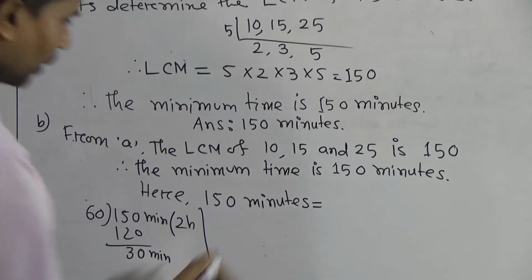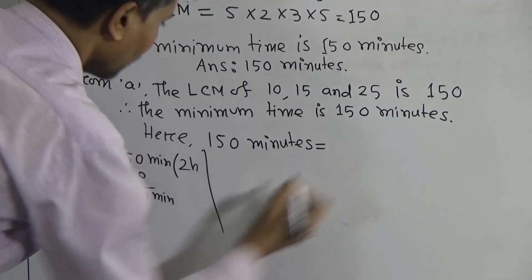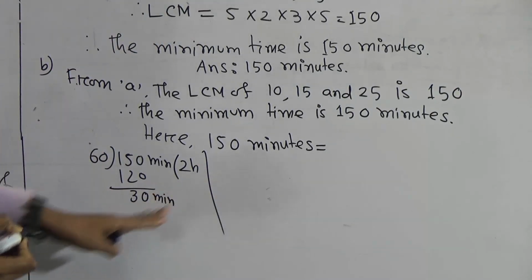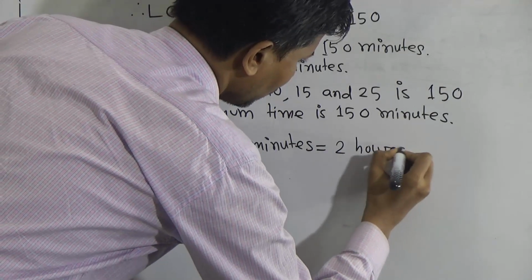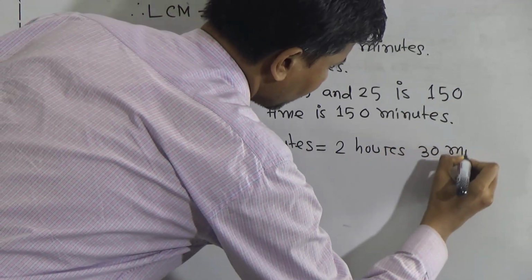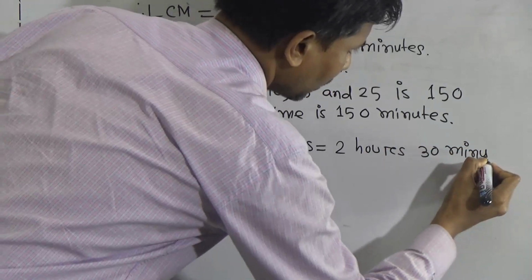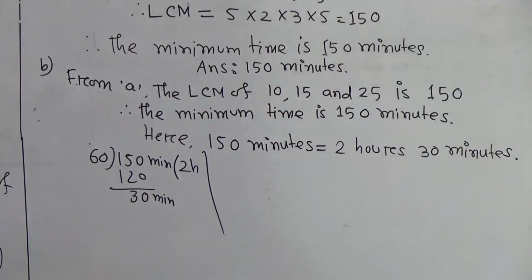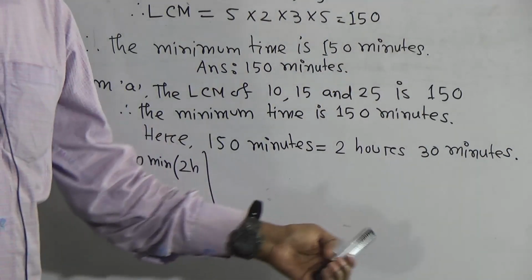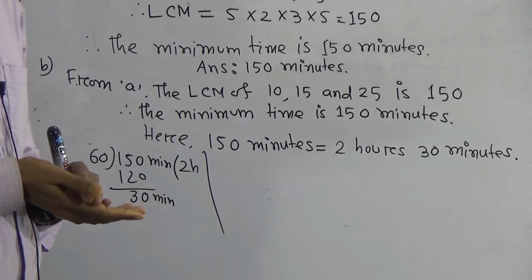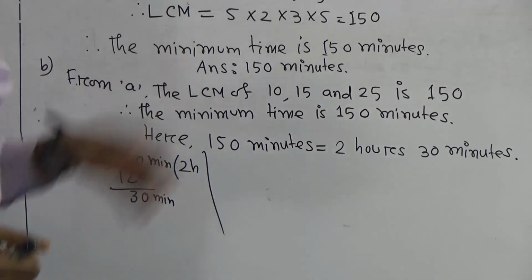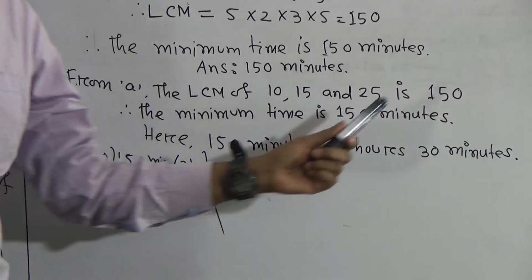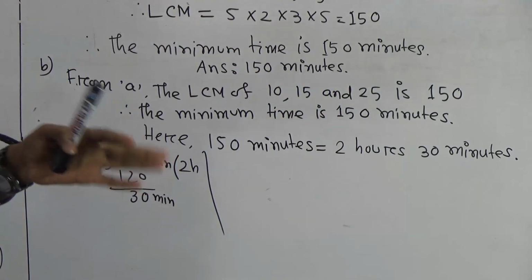Now write, 150 minutes equal to 2 hours 30 minutes. Look, that means after 2 hours 30 minutes, the 3 lights blink together.